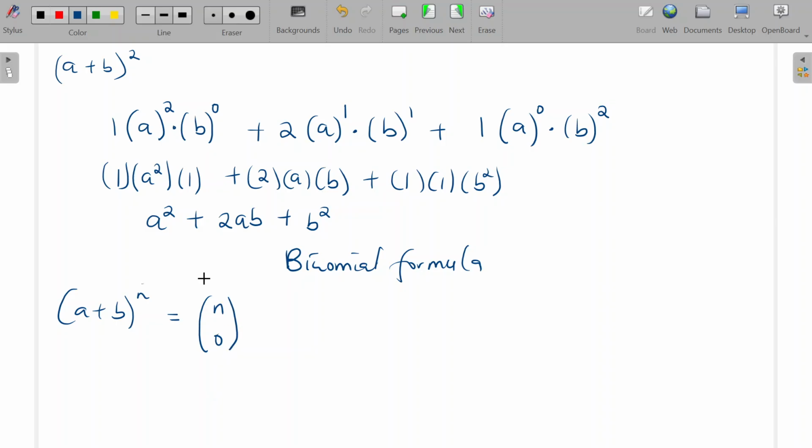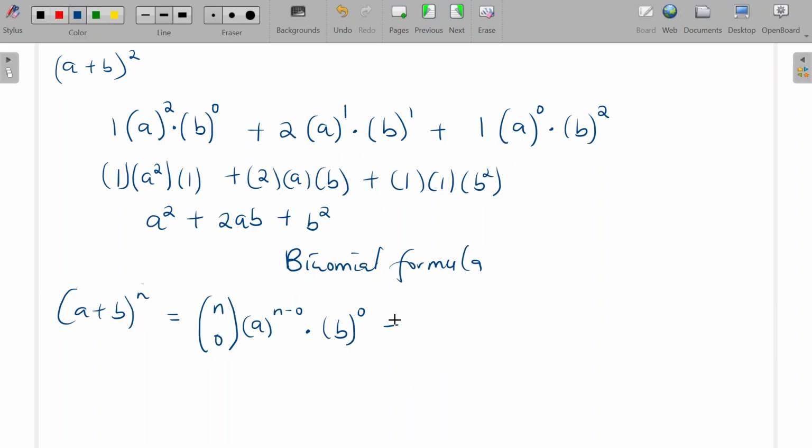Then you get the first component, then you say n minus 0, then dot product of the second component, which is B to the power 0. You've seen this? Yes. So that's on the binomial formula.